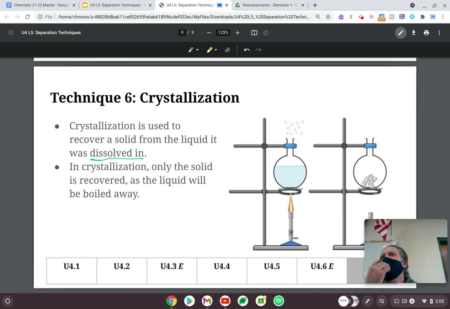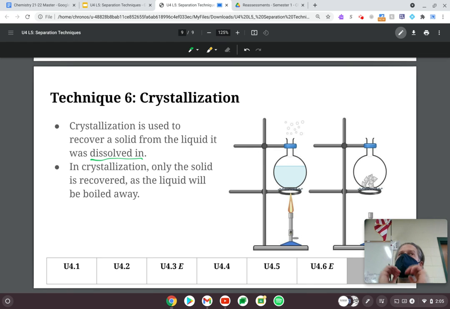But have you ever noticed how if you leave water, specifically tap water, in a glass? There are bubbles, but if you let all of the liquid evaporate out of it, all the water evaporate out of it, sometimes there's this white residue that's left behind. Have you ever seen that before? Yeah, that white residue is the stuff that's dissolved in the water. It doesn't mean that the water is disgusting.